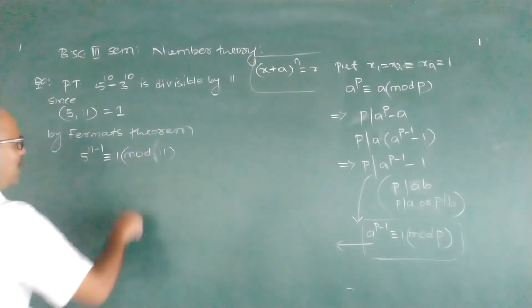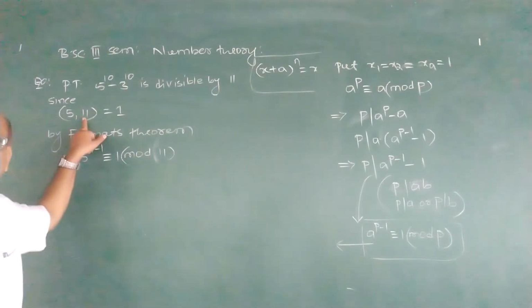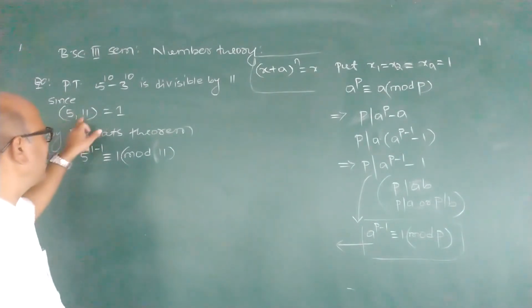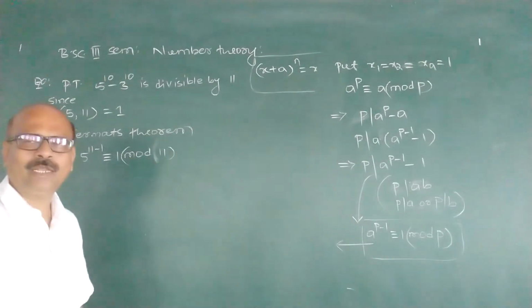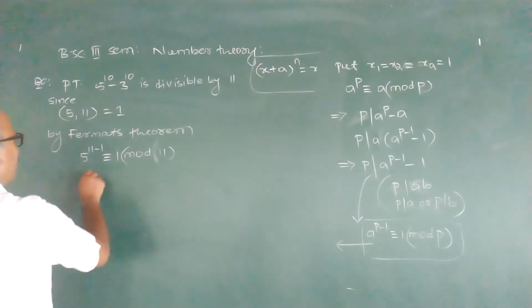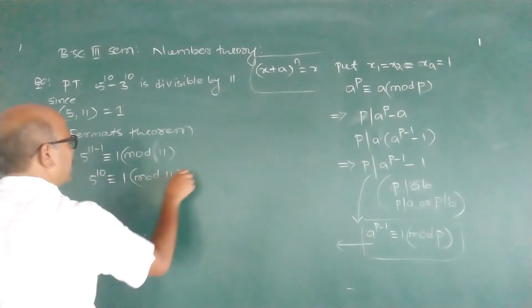P is 11 here, it is a prime number. A is 5, P is 11, and the condition of Fermat's theorem is satisfied. So we get 5 raised to 10 is congruent to 1 mod 11. Take this as 1.